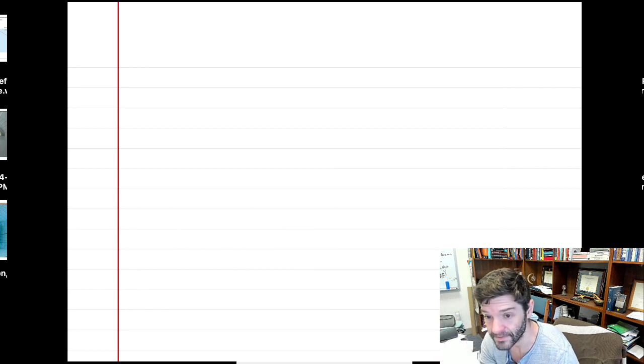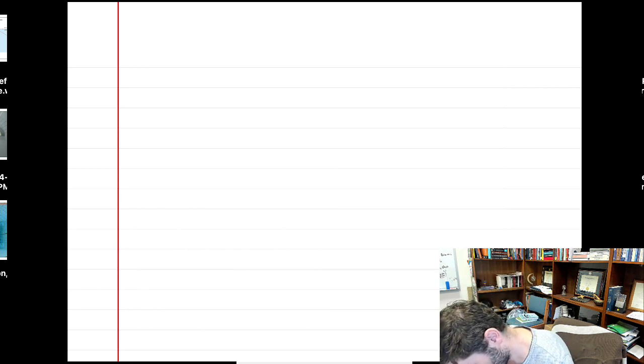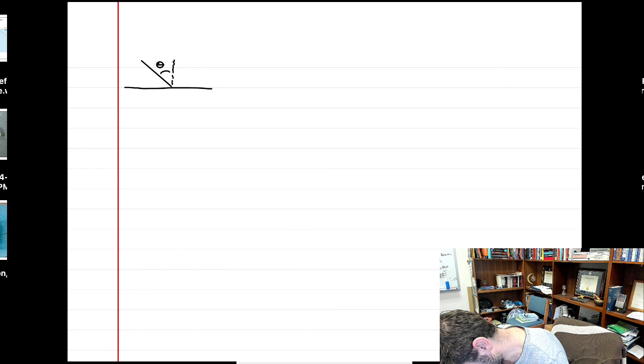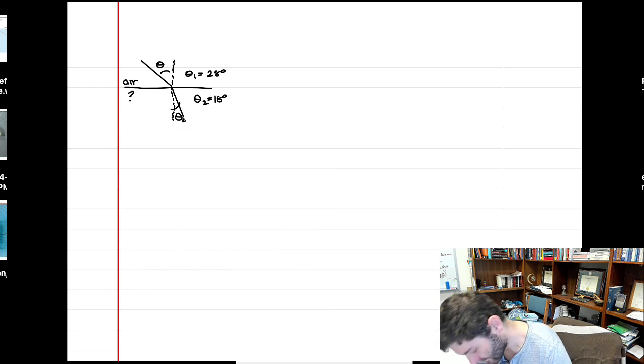All right, so for example, if it comes in and I'm told that the incident angle is 28 degrees in air, and then there's some mystery substance that it comes in, and the refracted angle is only 18 degrees.